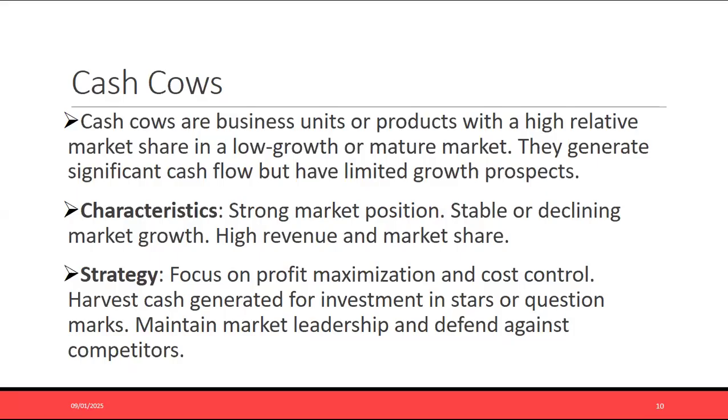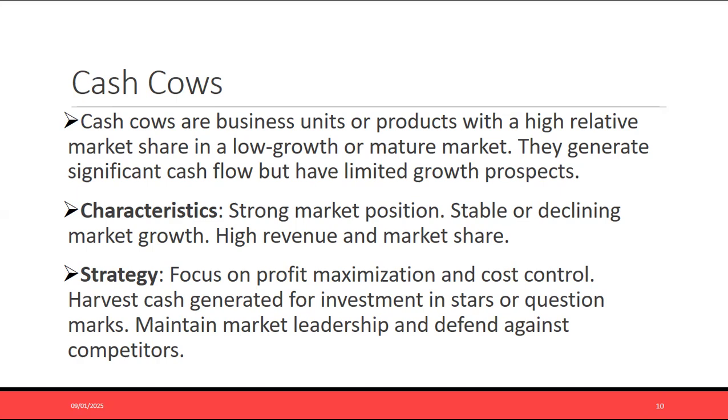So we said that a star can mature into a cash cow. Stars have high market share, high growth rate. When it matures into a cash cow, it has a high market share and then a low growth rate because it has matured, right? And when every product matures, you notice that the growth rate declines.